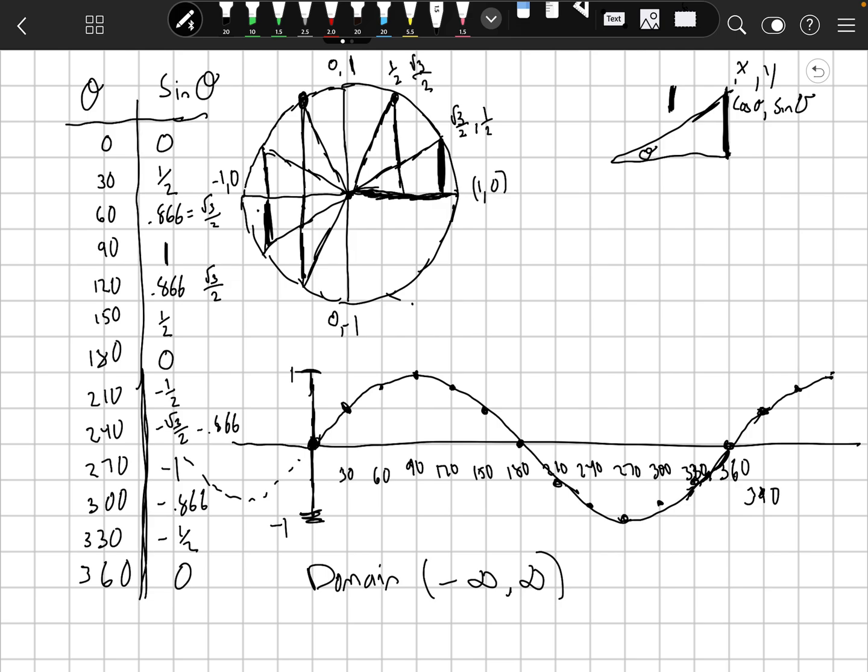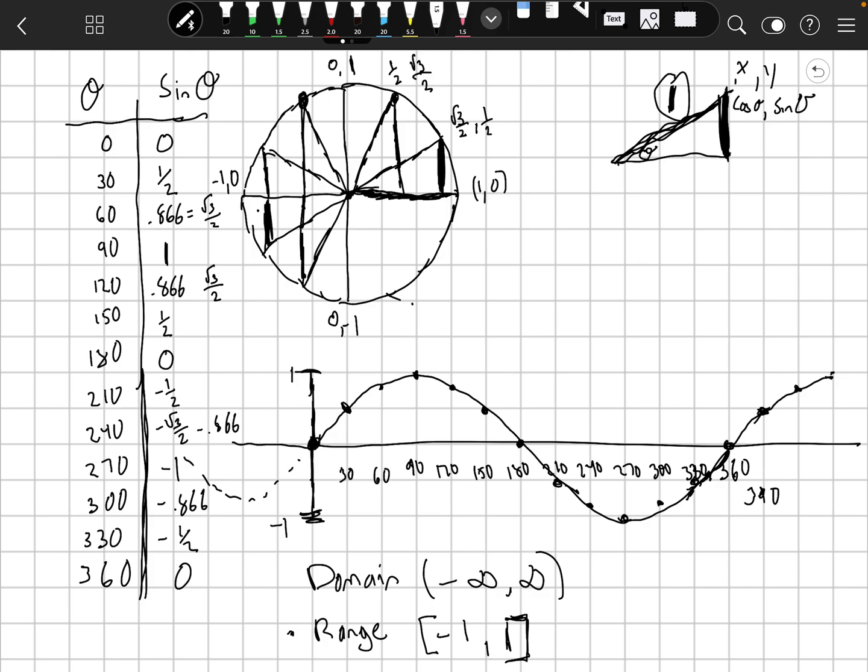The inputs, the angles, you can choose any angle you want, but the range is going to be negative 1 to 1. The reason why is, if you think of the sine of a triangle, we've got opposite over hypotenuse, and the opposite will never be larger than the hypotenuse. So that's why we've got that range.